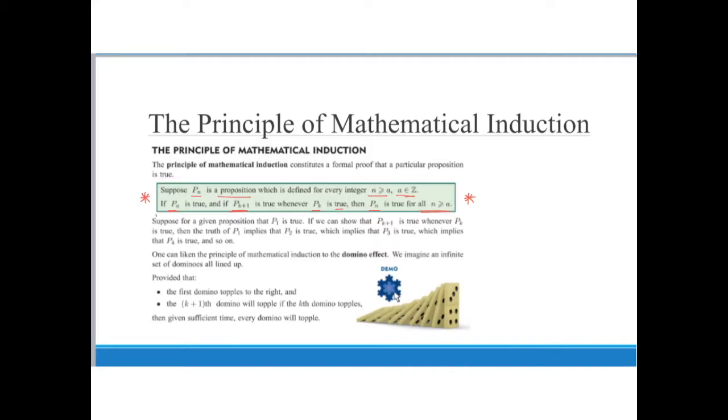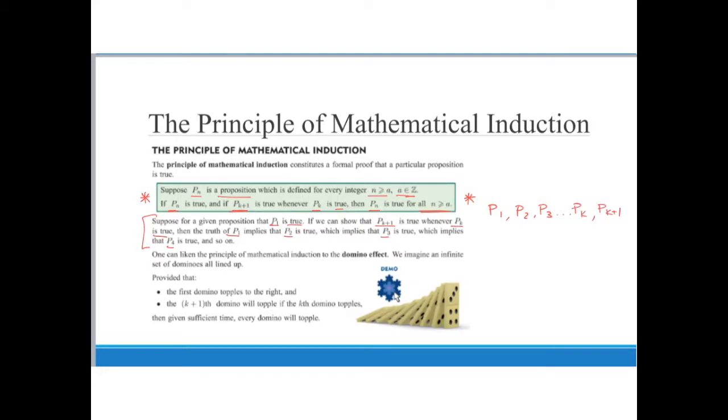But if we have a look down here, it says, suppose for a given proposition that P1 is true. If we can show that Pk plus 1 is true whenever Pk is true, then the truth of P1 implies that P2 is true, which implies P3 is true, which implies that Pk is true, and so on and so forth. Because if you think about it, we would have P1, P2, P3, and if we kept going, we get to Pk, and then we get to Pk plus 1.